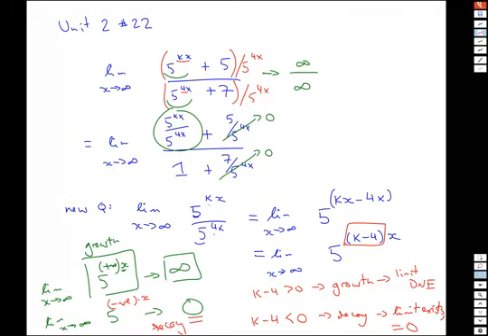And so that's what boils down to the calculations you see in the solutions to the practice problems. Translating this into nicer form, if k is greater than 4, you're going to get growth. The limit does not exist. If you have k less than 4, then you're going to get decay. The limit exists, and that boils down to the solutions that we have included online.